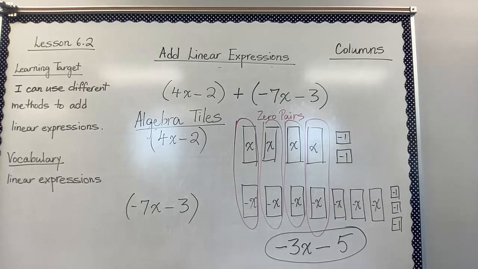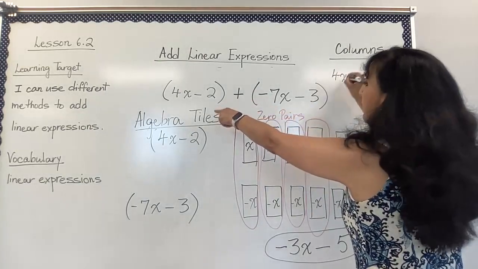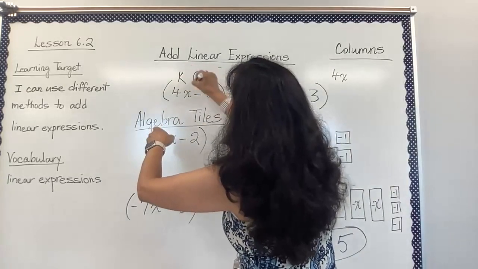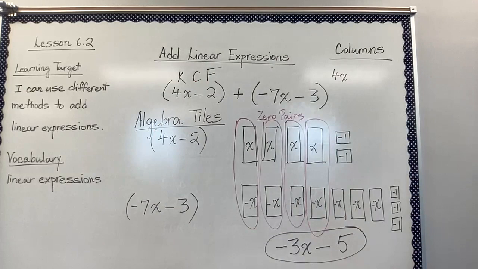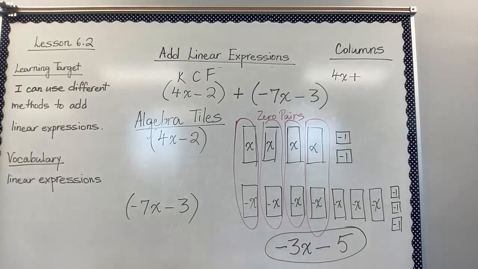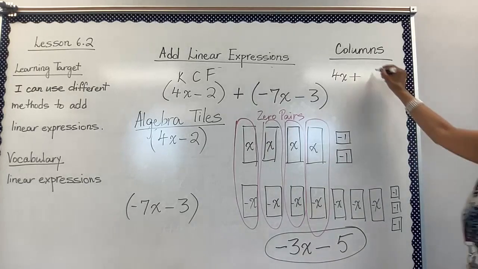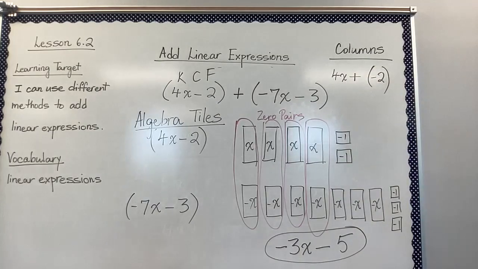We are going to rewrite subtraction as addition. So this becomes 4x, keep, change, flip. I am going to change the minus to the plus, and change the 2 to a minus 2.